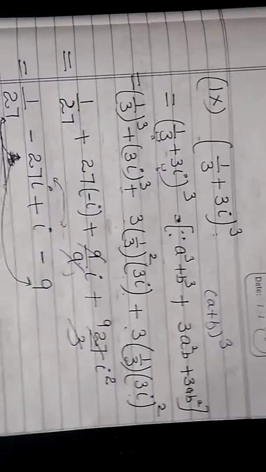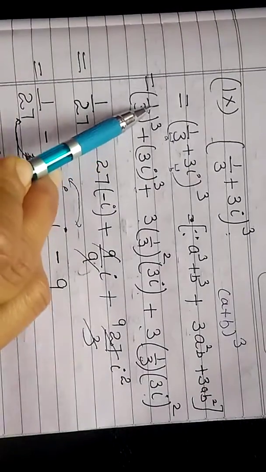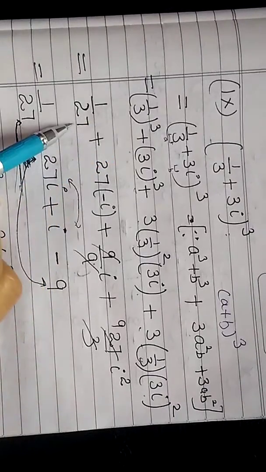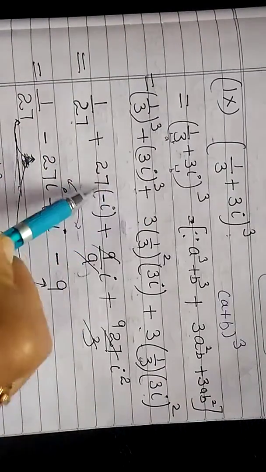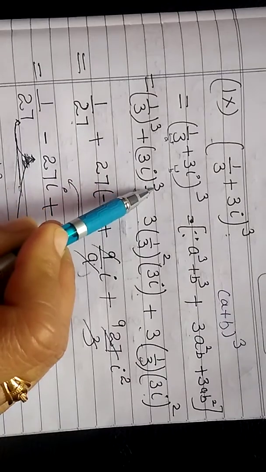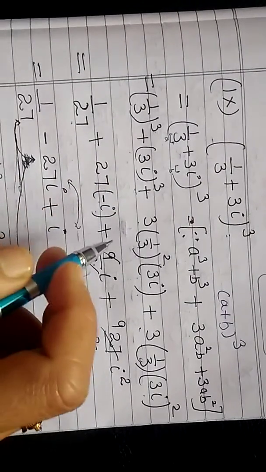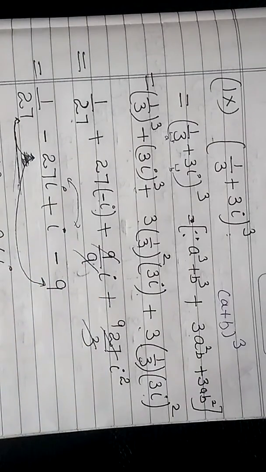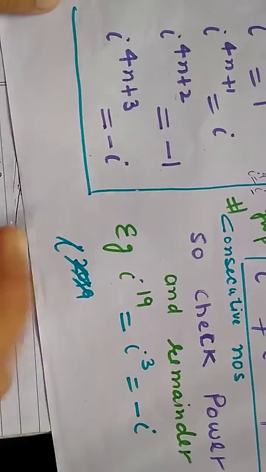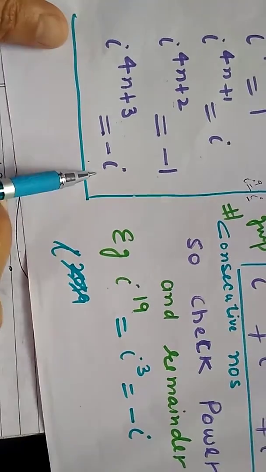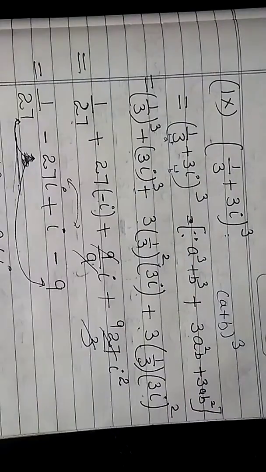So I will simplify these powers. 1 cube is 1, 3 cube is 27, 3 cube is 27, and iota cube is minus iota, exactly, if you remember the remainder when dividing by 4.